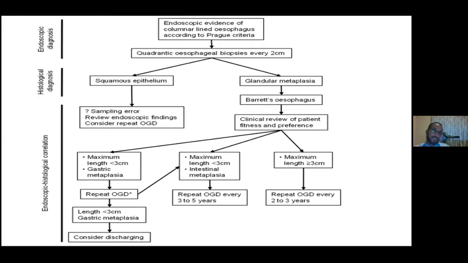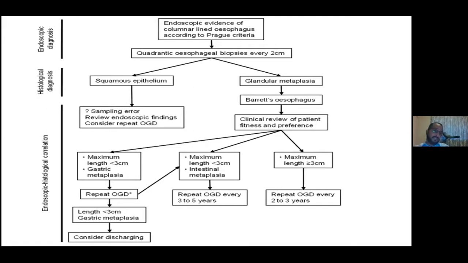If it's squamous epithelium, query sampling error, review endoscopic findings, consider repeat endoscopy. If it shows glandular metaplasia and confirmed Barrett esophagus, do a clinical review of patient fitness and preference, then divide according to the maximum length.